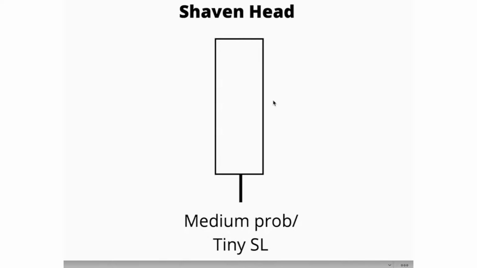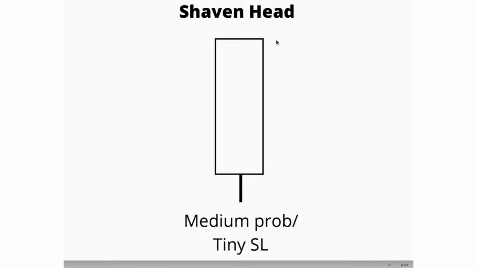Medium probability. Yes. Why? Because it's a bullish candle. It's scary. It may very well push higher, probably after a small retracement, the next candle, but it may push higher. But you can get in with a very tiny stop loss, and there I've put in tiny, not just smaller or small. In this case, I've put in tiny because we can literally get into this trade with the expectation that it'll immediately start to move down.